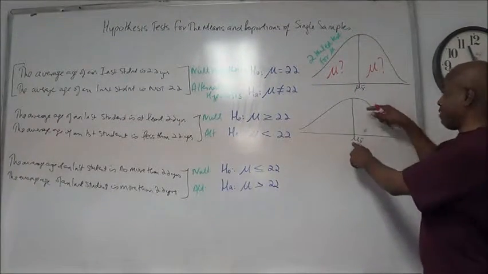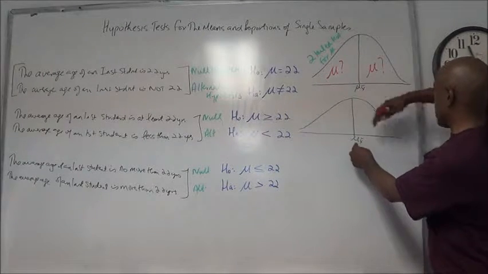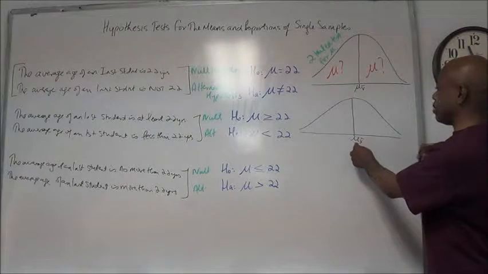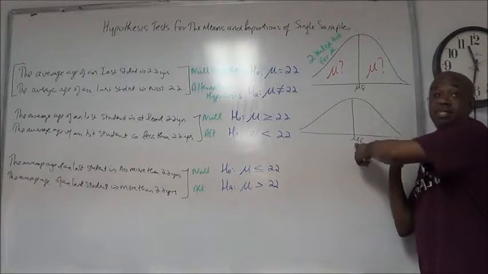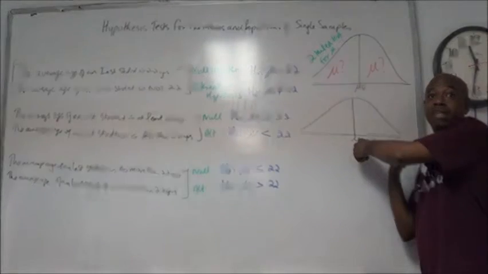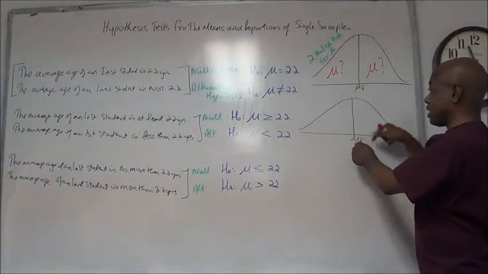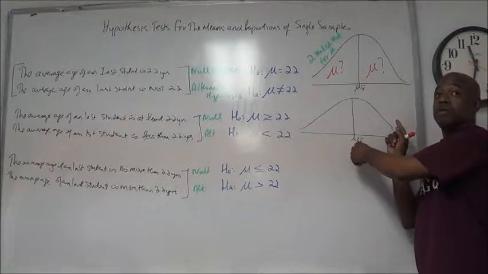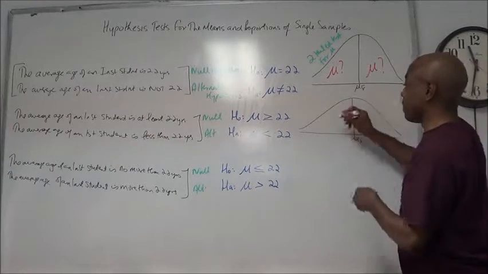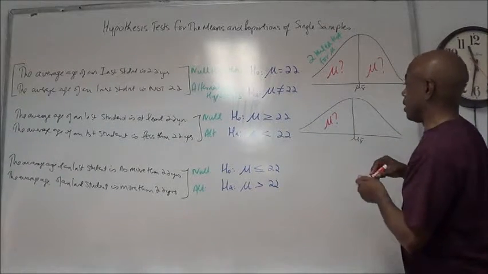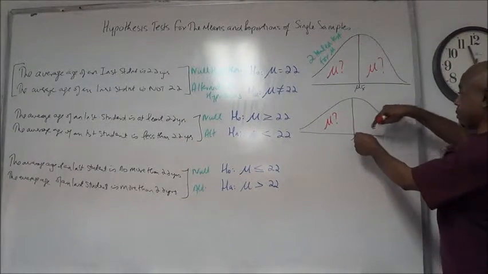It's at least 22. Our procedure says we don't care if he says the average age is 22 or more. If this is what he's saying, we need to try to prove whether or not the mean falls over here.